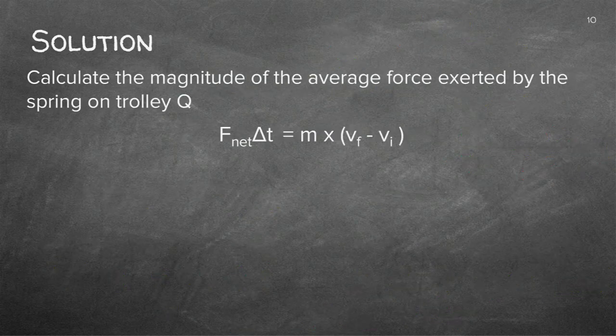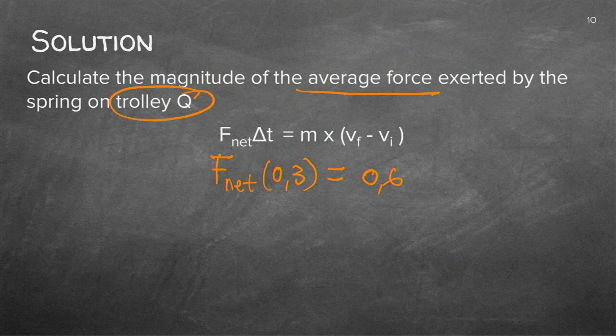The third question was the magnitude of the average force. Well, they asked me the net force, but they also gave me the time. They said it would take 0.3 seconds for the spring to relax. I've got the mass, which is 0.6 because it's trolley Q, and I now have the two velocities.